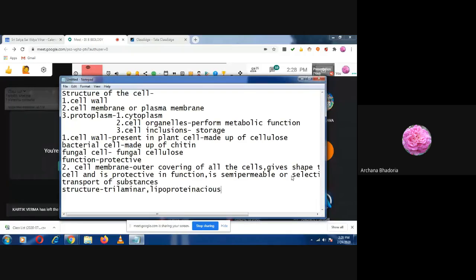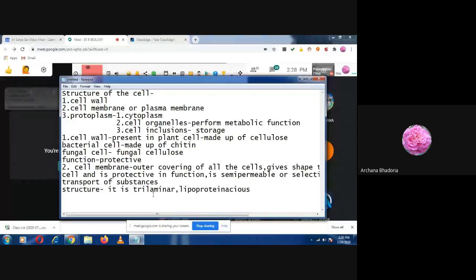Two words you will remember, children, for describing the structure of the cell membrane: trilaminar and lipoproteinaceous. Write in front of it, it is trilaminar. What is the meaning of trilaminar? I am coming to that. Kinjal, repeat the two words.